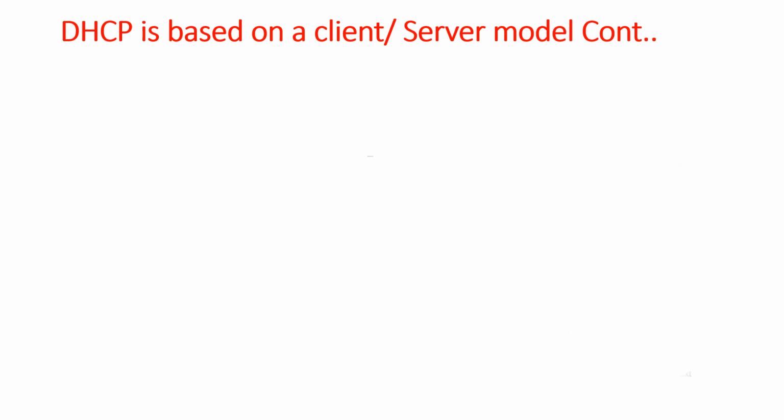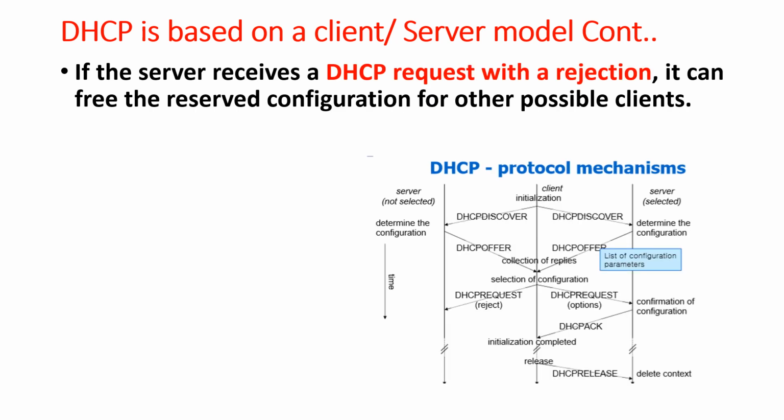If the server receives a DHCP request with a rejection, it can free the reserved configuration for other possible clients. This is indicated here. The client is accepting one DHCP offer from one server and it rejects the other offer from the other server.